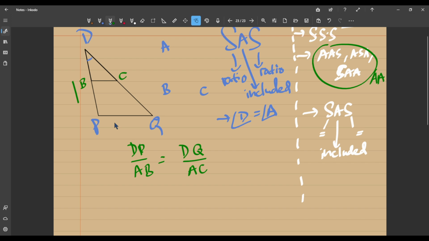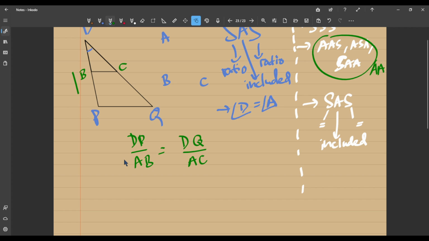Because once it does, we know by the theorems we have studied before, the basic proportionality theorem or its converse, that BC will be parallel to PQ if and only if it does, and automatically angle B would be equal to angle P and angle C would be equal to angle Q, and we'll have proved the similarity by the angle-angle axiom.